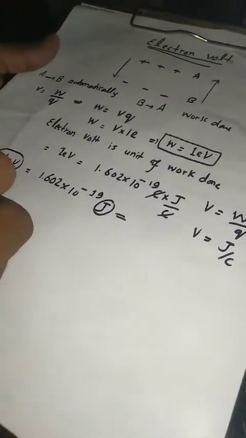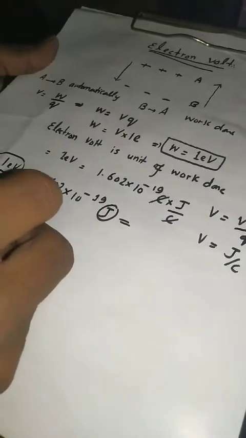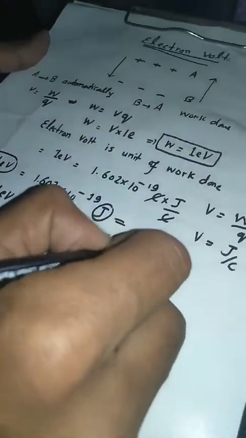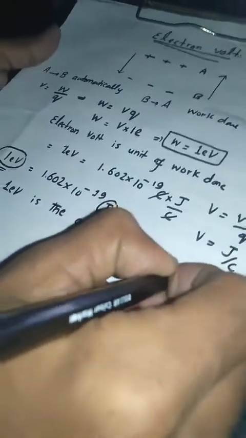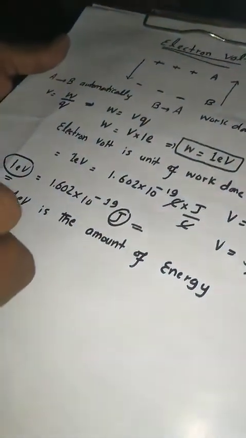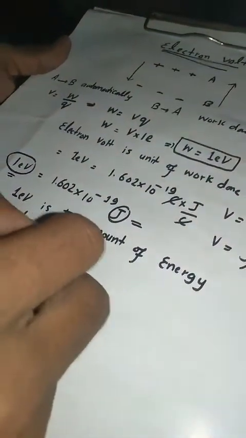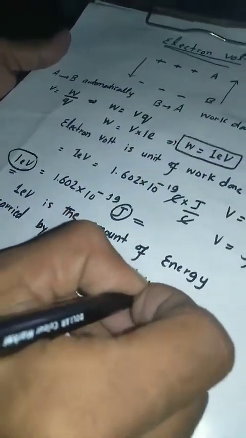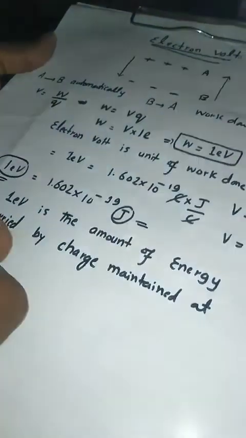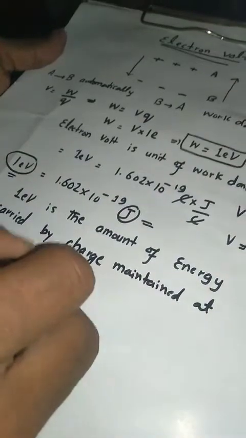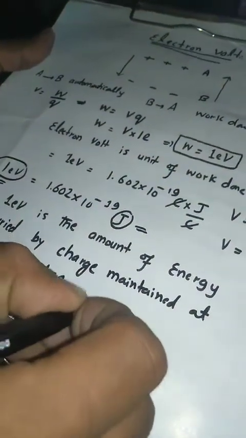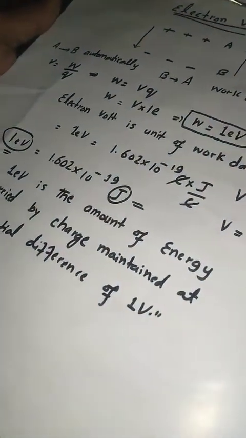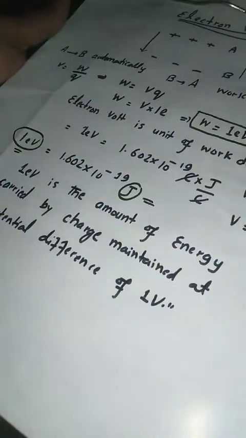We can define that 1 electron volt is the amount of energy, because electron volt is energy, carried by a charge maintained at a potential difference of 1 volt.